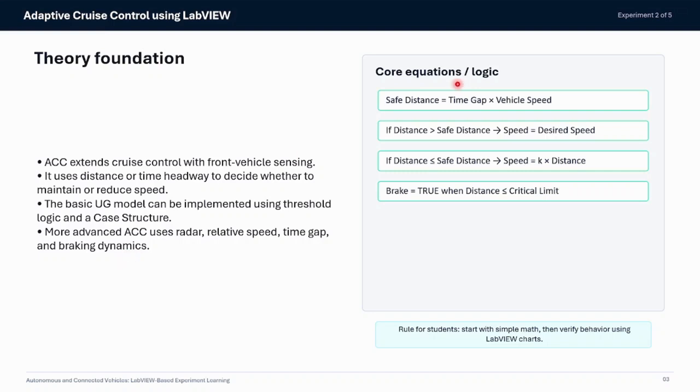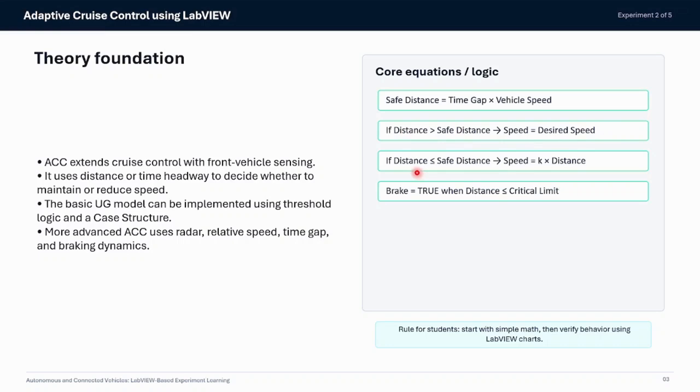In adaptive cruise control, the safe distance is the time gap multiplied by the vehicle speed. If the distance is greater than the safe distance, we maintain the desired speed. Assume a 5 meter safe distance: if the distance is above 5 meters, like 6 or 10 meters, we maintain the cruise control desired speed.